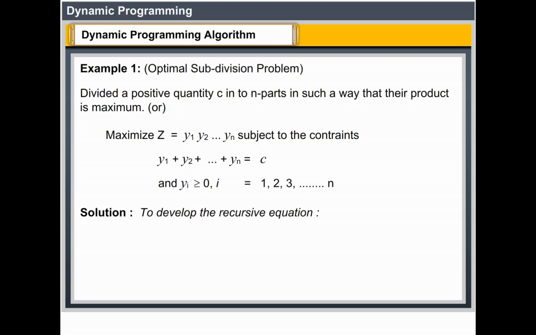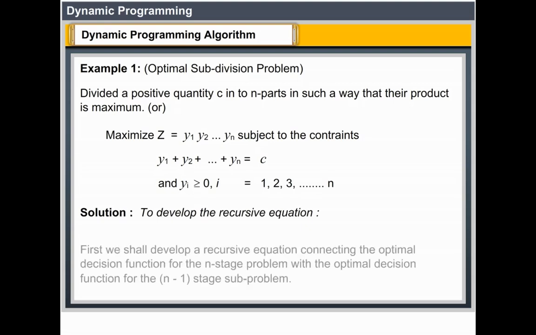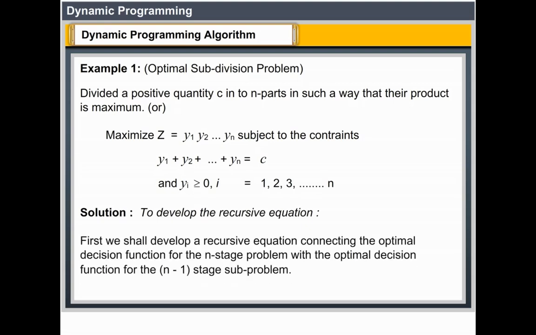n. Solution. To develop the recursive equation, first we shall develop a recursive equation connecting the optimal decision function for the n stage problem with the optimal decision function for the n minus 1 stage subproblem.